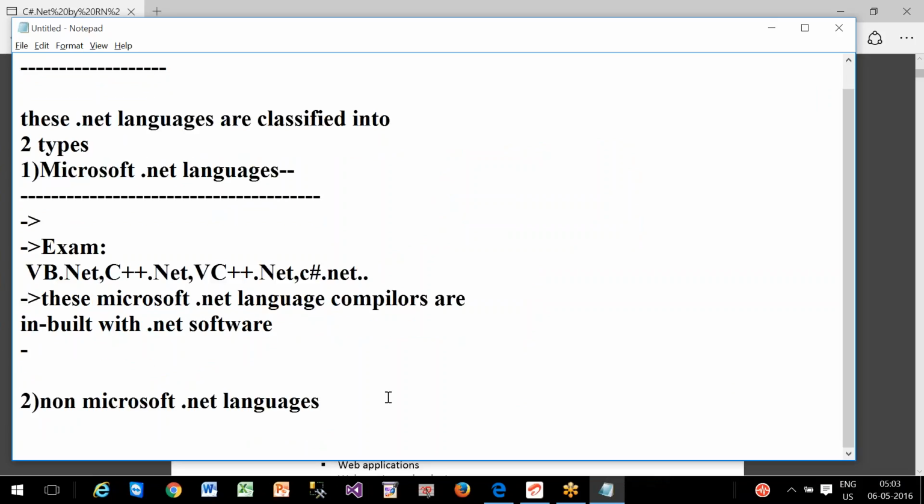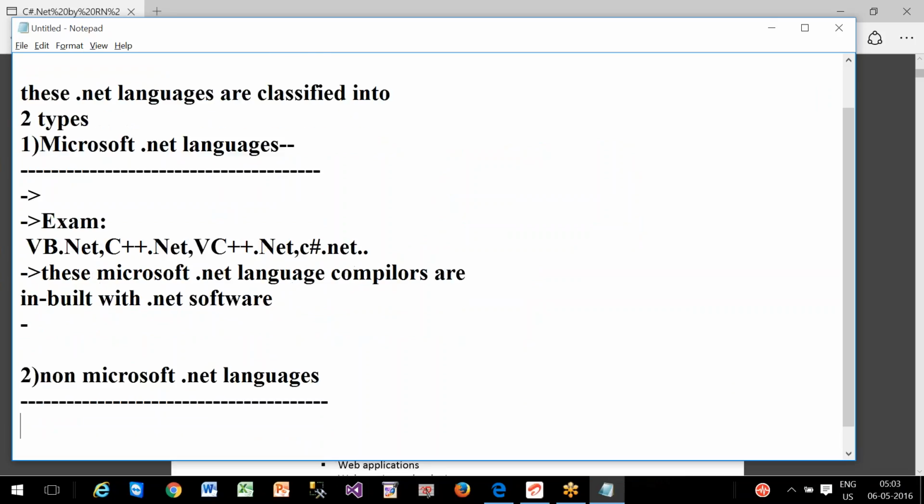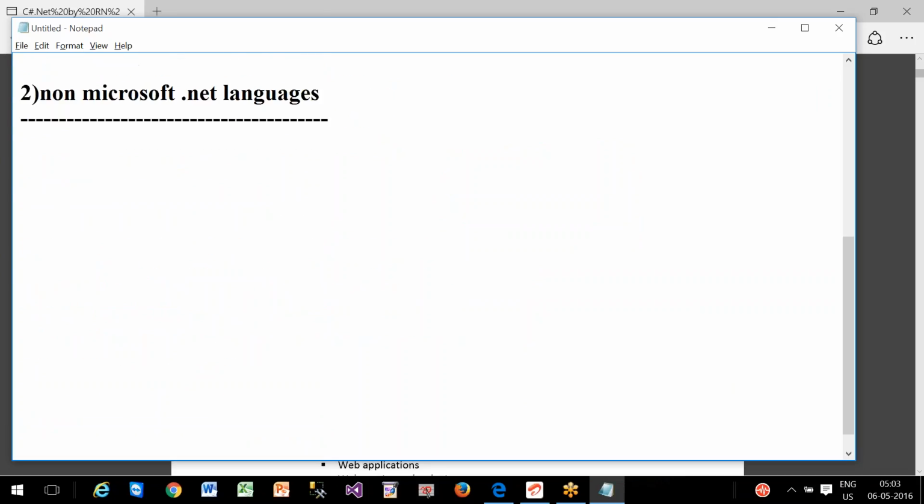Now the second category is non-Microsoft .NET languages. The .NET languages which are introduced by companies other than Microsoft are called non-Microsoft .NET languages.